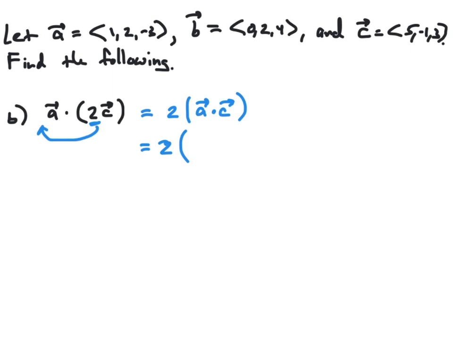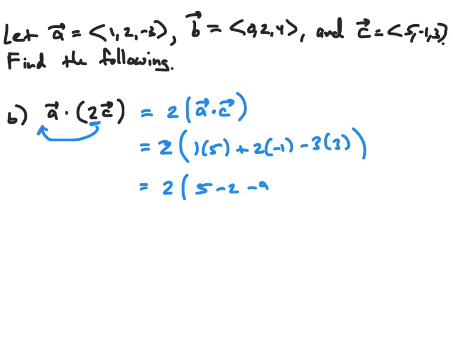Looking at the component forms of A and C, we have that dot product being 1 times 5 plus 2 times negative 1 minus 3 times 3. That would be 5 minus 2 minus 9.